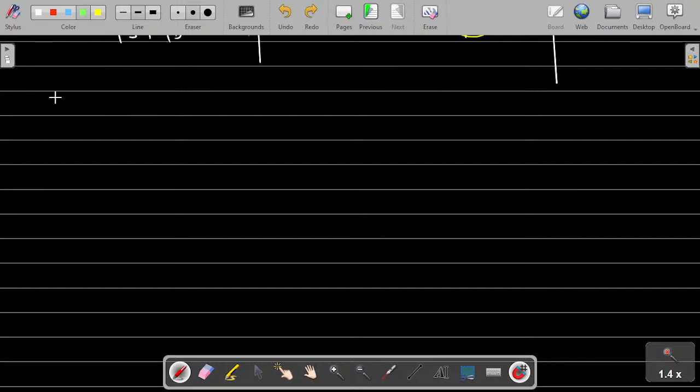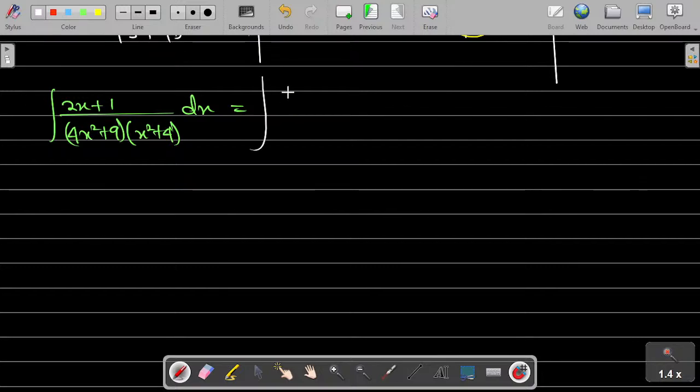So that means that our 2x plus 1 all over 4x squared plus 9 into x squared plus 4 dx is now equal to, so let's bring down what we got there. That's 8 over 7x plus 4 over 7 all over 4x squared plus 9.